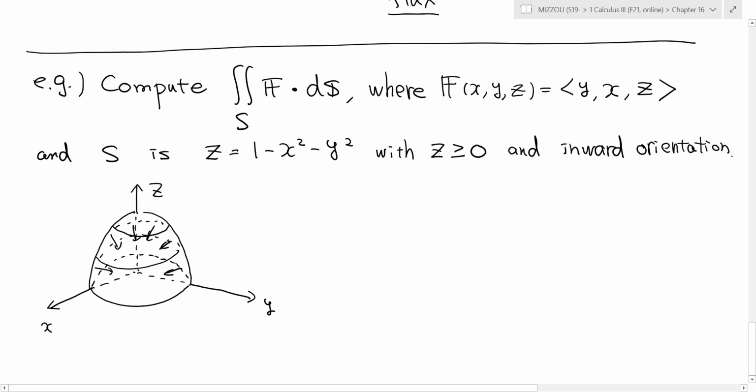So how should we do this? Well, basically for a surface integral of a vector field, there are 3 steps. It's always like this. Step number 1: first thing to do is parameterize the surface.